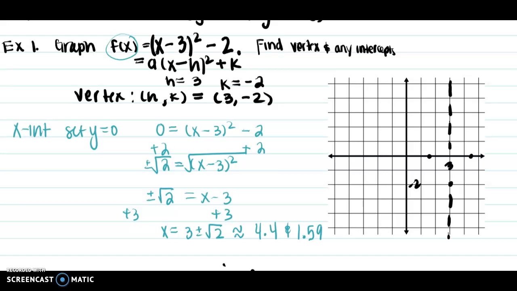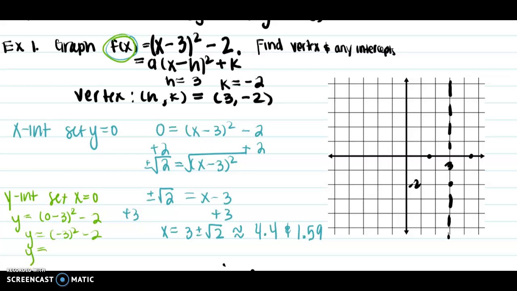And then the last thing that we need to find is the y-intercept. So for the y-intercept, set x equal to 0 and solve for y. So y equals (0 minus 3) squared minus 2. 0 minus 3 is negative 3.